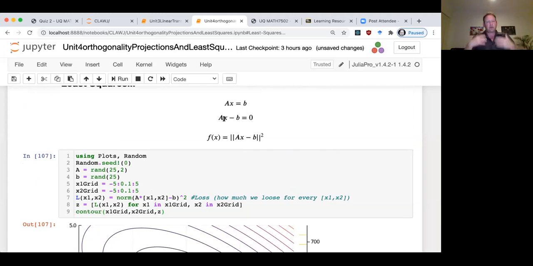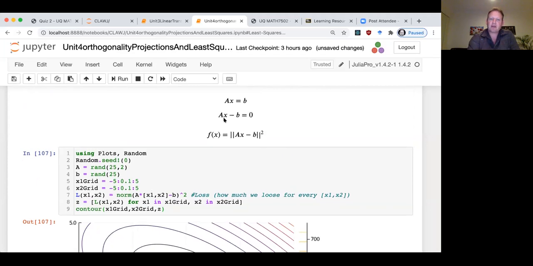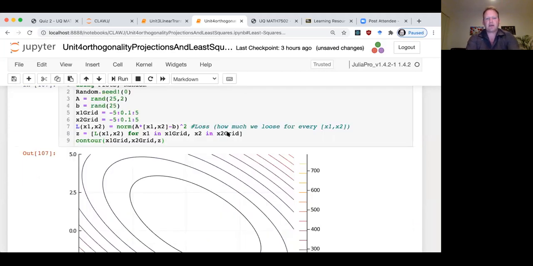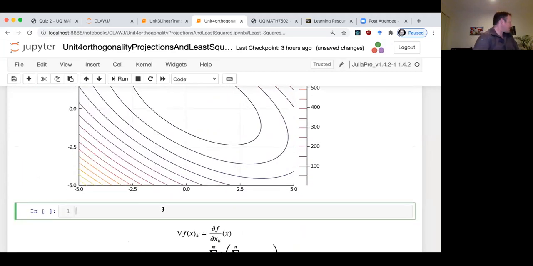All you want to do, connecting it to what it was before, is project B onto the column space of A. So X hat is nothing but A dagger of B.